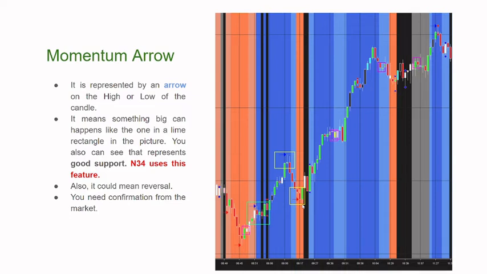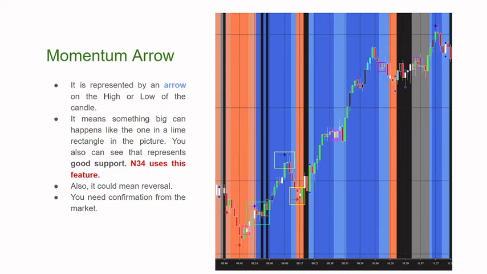Big money has big interest here. And you see that the market respects this support. So these are not tradable arrows, but in itself it is a sign that tells you, okay, be careful at this level.